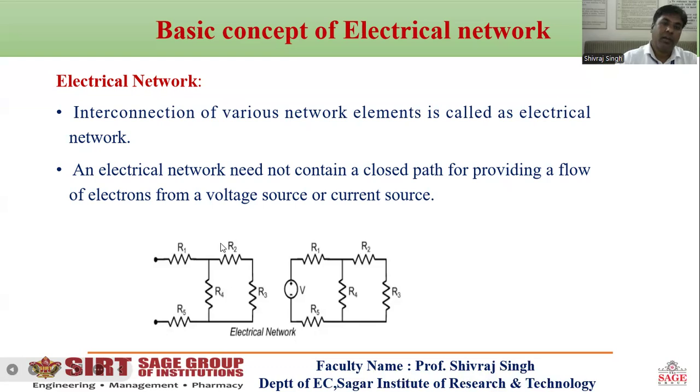Here, n number of resistances are connected in series and parallel combination. Also, in the second example, there are a number of resistors and a voltage source. So, in this circuit, the resistive elements are passive elements and the voltage source is an active element.